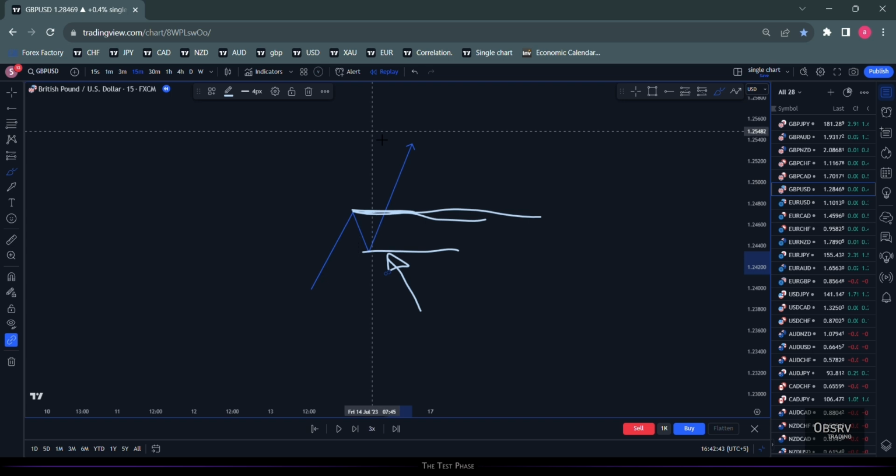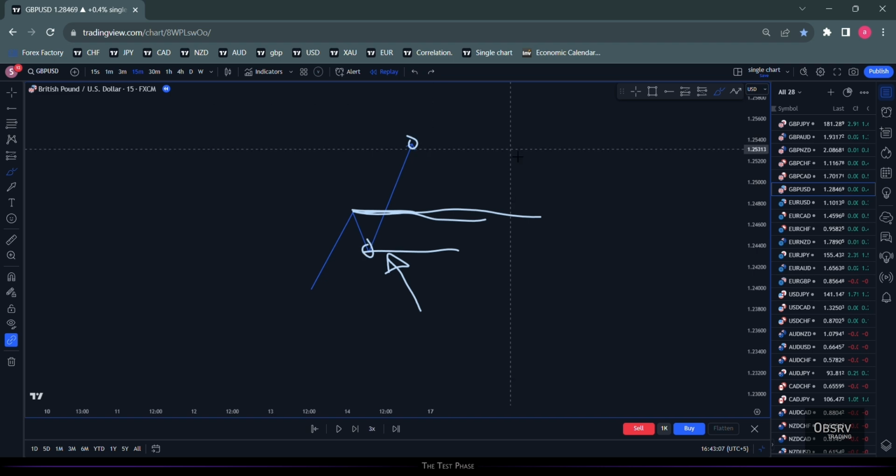Let's say this is 60, so 240 did this move. And now you want to see two tests of this move up, the pullback. You want to see two pullbacks. Why?